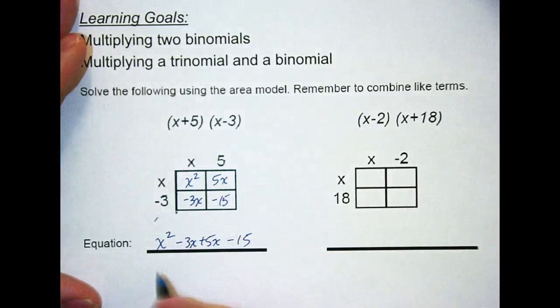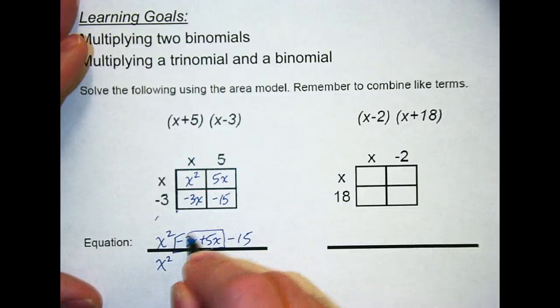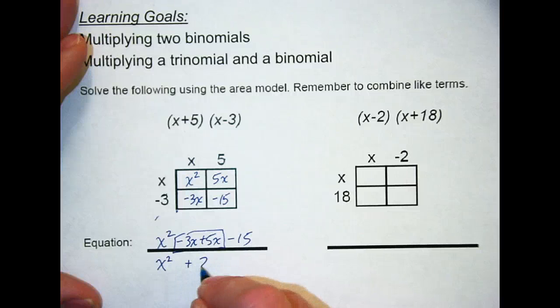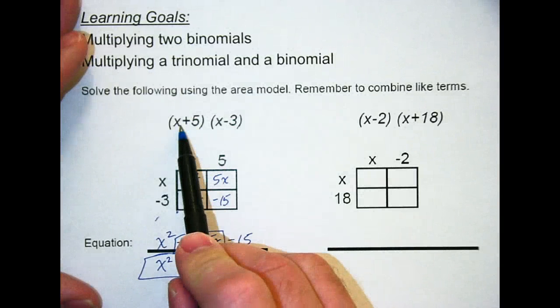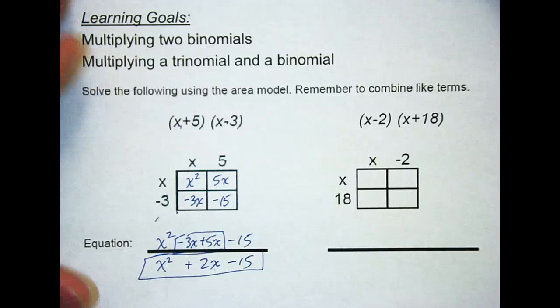So if we write it like this, then we'd have to go one more step and simplify. -3 plus 5 is +2 minus 15. That is our standard form. When I multiply this by this, I get that. Okay, that's using the box method. All right, any questions there?